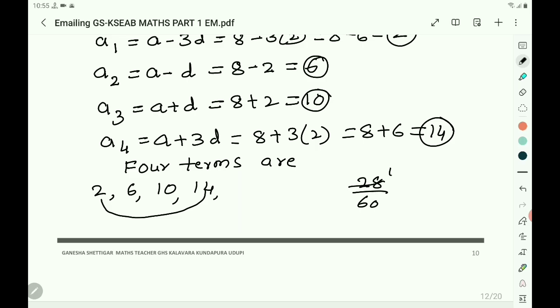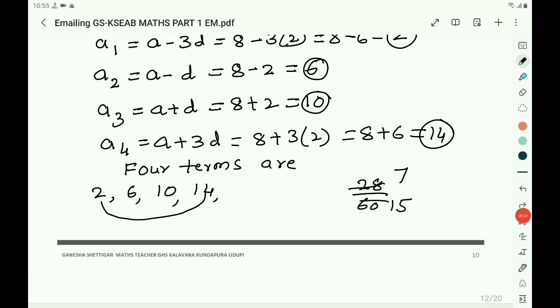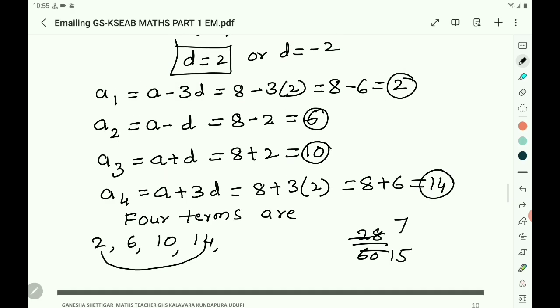Then you can take 4 sevens are 28, 4 fifteens are 60. You got 7 by 15. And the sum: 2 plus 6 is 8, 8 plus 10 is 18, 18 plus 14 is 32. You got the sum 32 and the ratio 7 by 15. If you take minus 2, you will get the numbers in the reverse order: 14, 10, 6, 2.